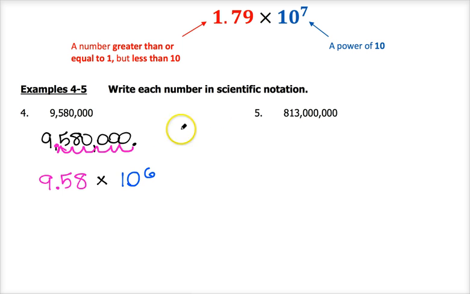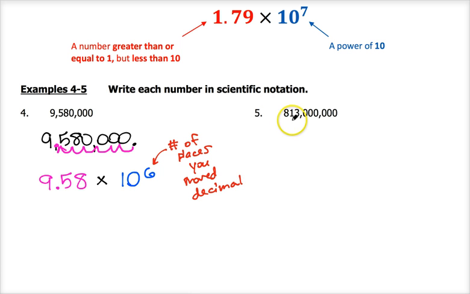Now, why did I choose a 6 for my exponent? Well, look back at the number of places you moved the decimal point. We moved our original decimal point 1, 2, 3, 4, 5, 6 places in order to make this 9.58. So that's why I'm choosing a 6 for my exponent. That exponent is the number of places you moved the decimal.